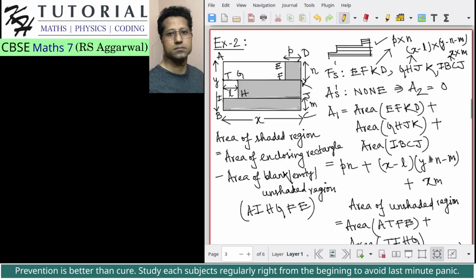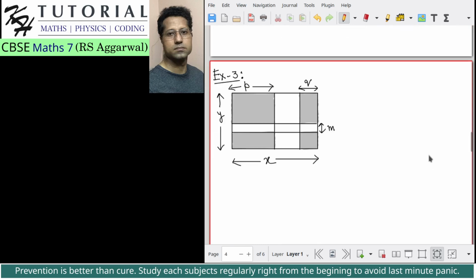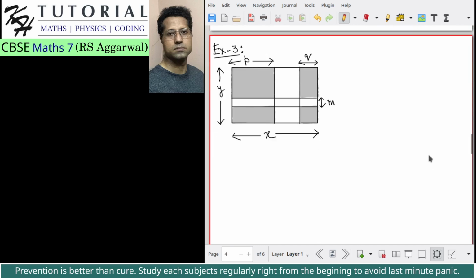Okay, let's see the next example. Okay, so as you can see, the enclosing rectangle is already given, and we have to find the area of the shaded region. So let's say the enclosing rectangle is A, B, C, D, and I will also mark all the corners of the shaded region.